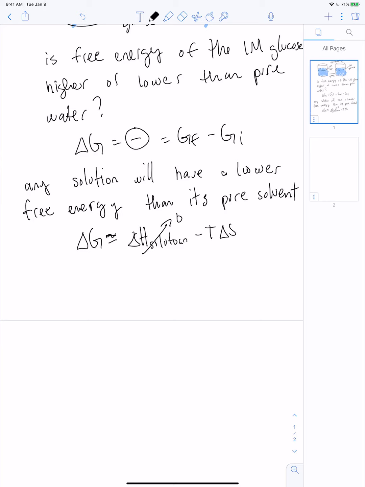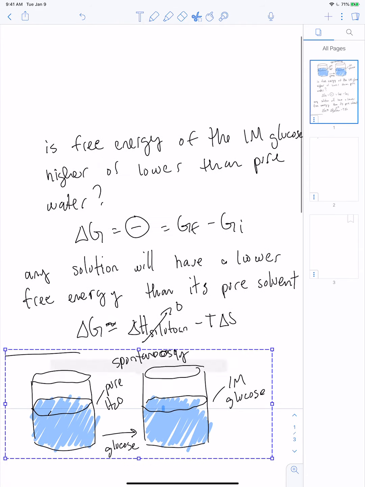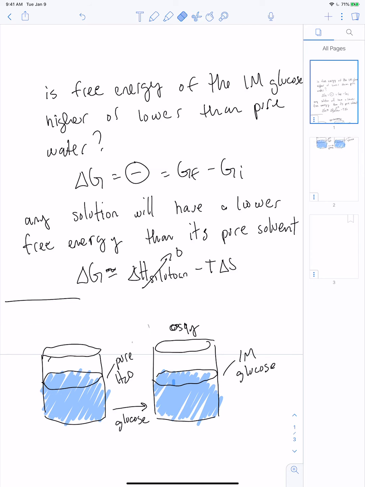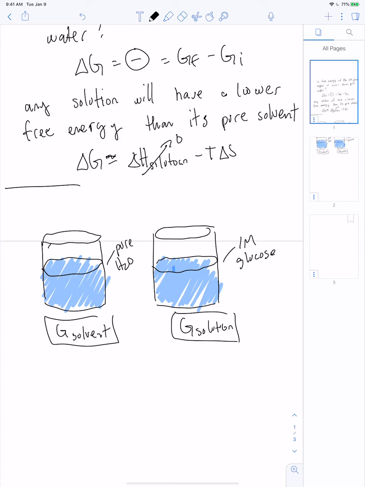If the free energy of the system is lower, if we look at these two things here, if we say that G solution versus G solvent, and this is lower than this, we're saying that the solution is more stable than the pure solvent is.